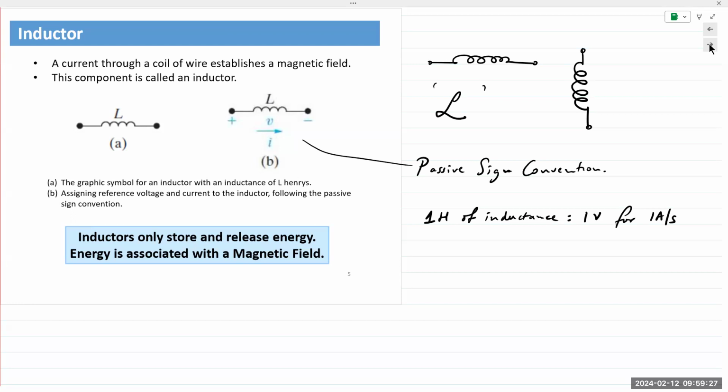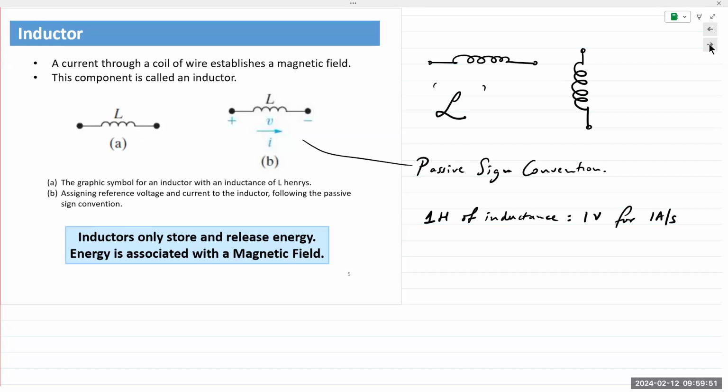So the inductor has a value, the same as a resistor, right? It's inherent to the inductor when it's manufactured. But we are talking about the voltage across an inductor. The voltage across an inductor would go to 0 if the current does not change. So once it has received the energy, you apply a 1 ampere current to it.